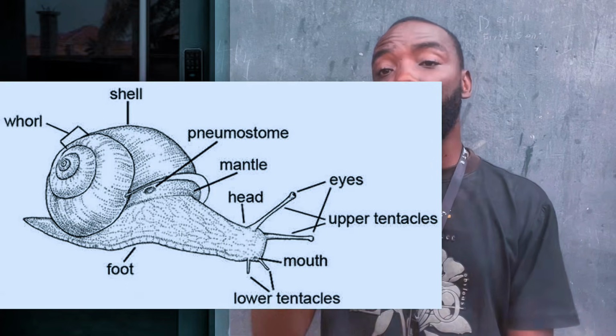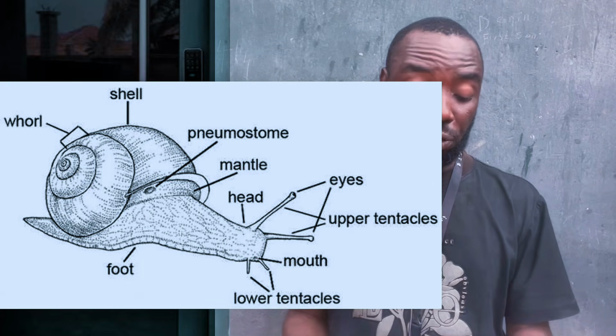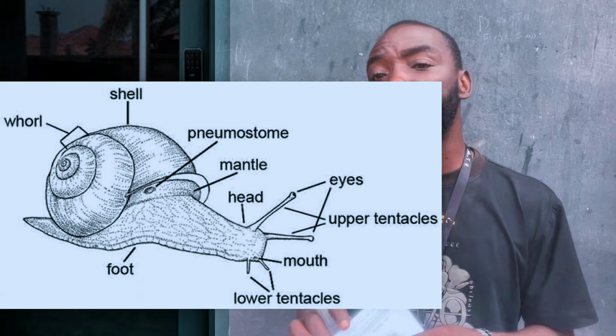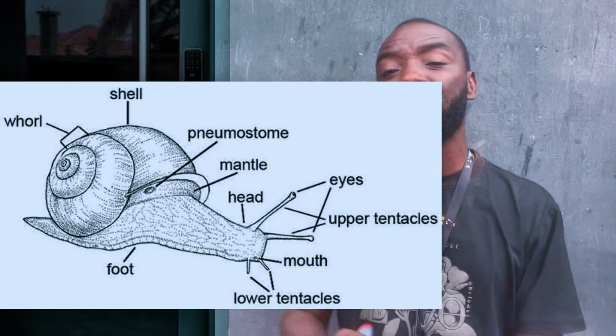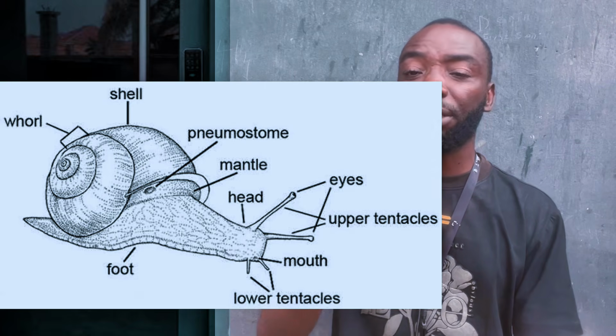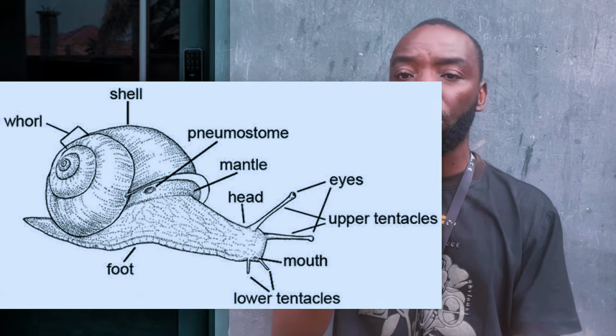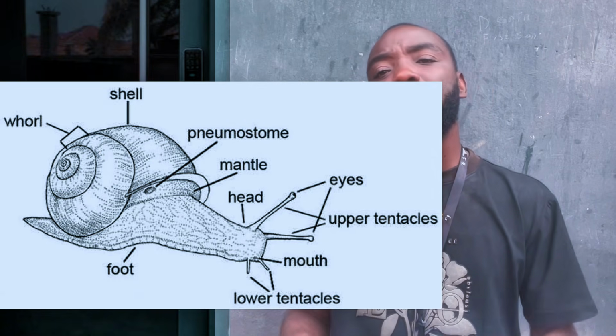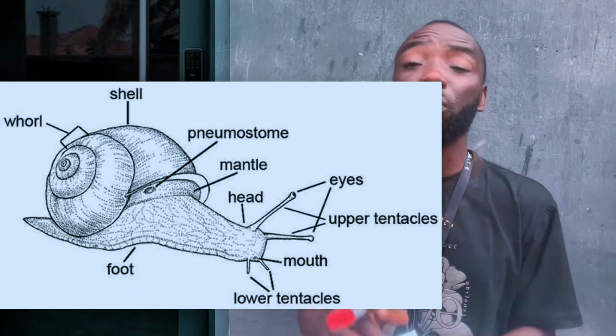Okay, so you'll be asked to state the observable features of this specimen O. One of the observable features is it has a hard spiral shell. If you look at the shape of the snail on the screen, you see that the shell is spiral in shape. Here again, we see that it possesses a muscular foot.